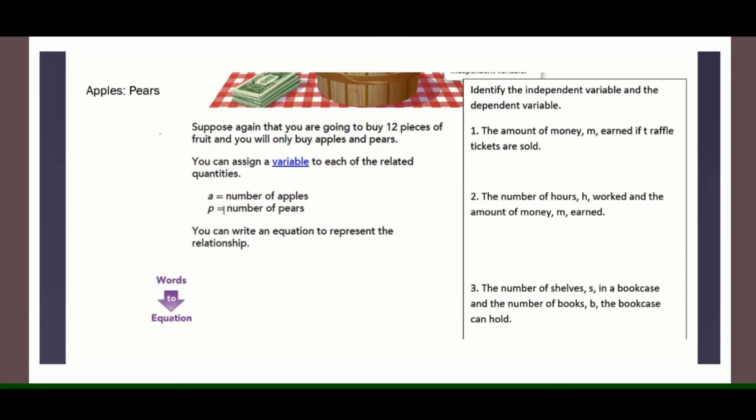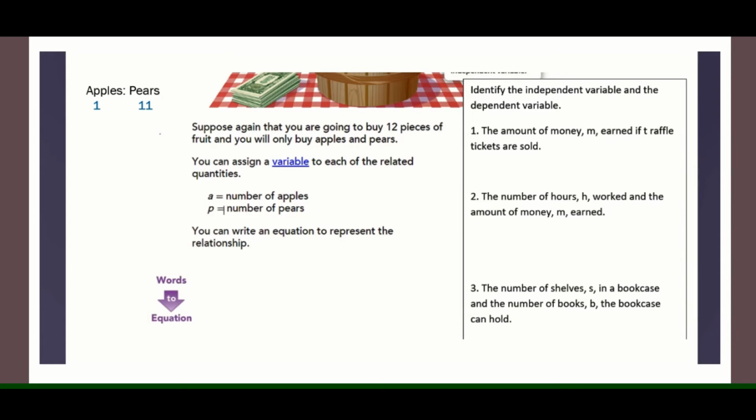So there are several different combinations you can have. We have apples and pears over here on the left side. If we buy one apple, that means we can buy 11 pears, because 1 plus 11 is 12 pieces of fruit total.